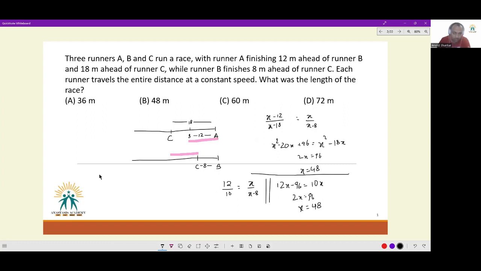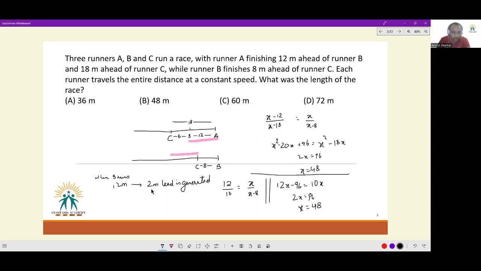Another time and work based way that you can see is, when A finished the race, B was 6 meters ahead of C. Now, in the time that B runs 12 meters, he has increased his lead over C by 2 meters.